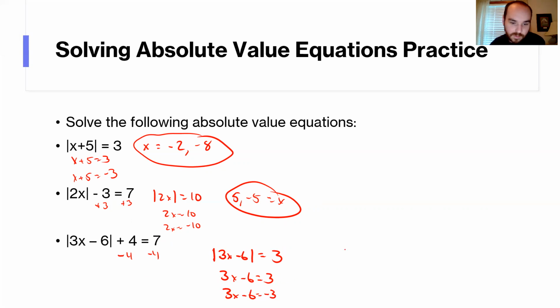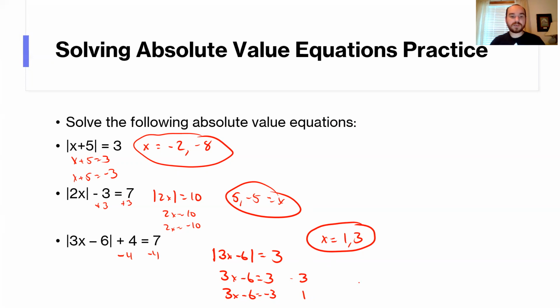We solve this one, we get, what, 3? Add 6, that's 9, divide by 3, that's 3. And for this one, we would get 1. So we add 6 to both sides, that's 3x equals positive 3, x equals 1. So we should get 3 and 1. X equals 1, 3.